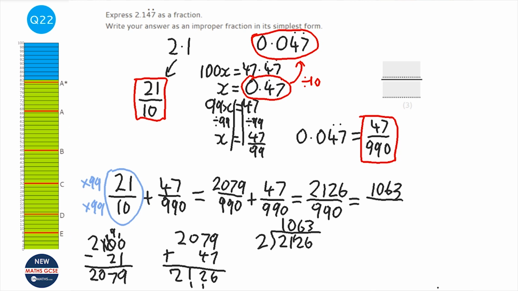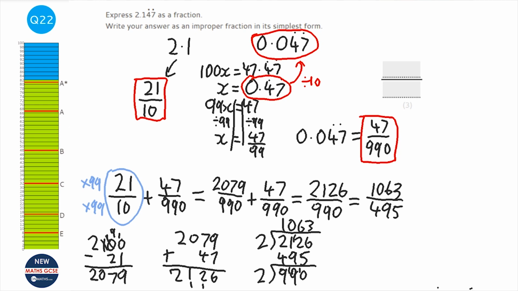Then half of 990, again I can just do the bus stop method. 2's into 9 go 4, carry the 1, 2's into 18 go 9, carry the 1, and 2's into 10 go 5. So it's 495.